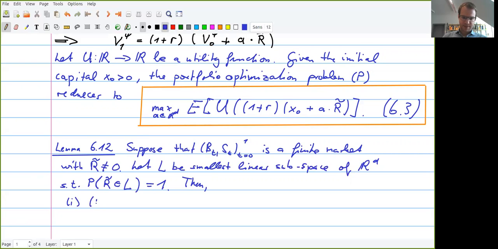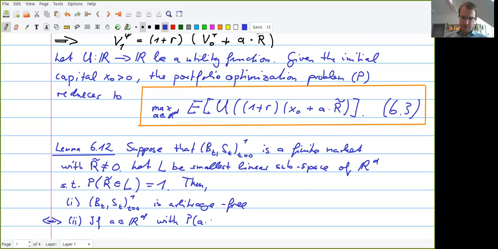So the market here is arbitrage free if and only if, well, if I find a self-financing trading strategy, so this is basically a vector A in R^D, with the property that if I take this position in the risky assets, my returns are always non-negative, right?